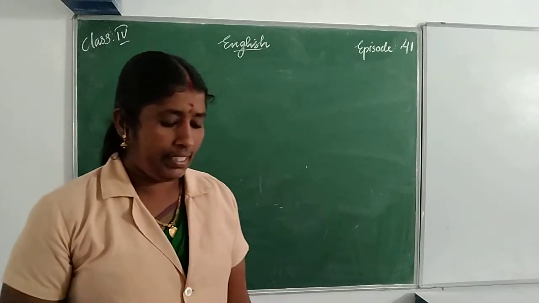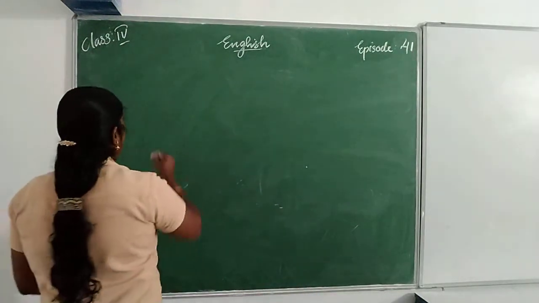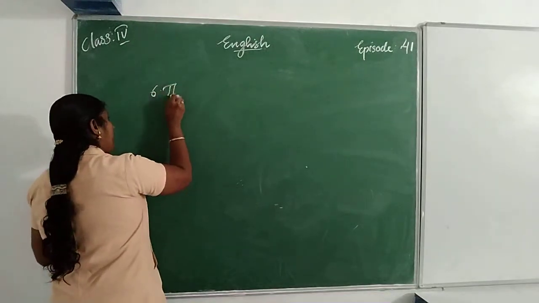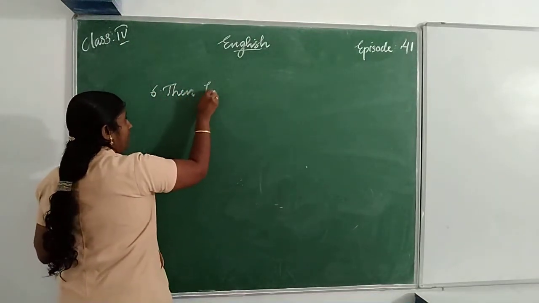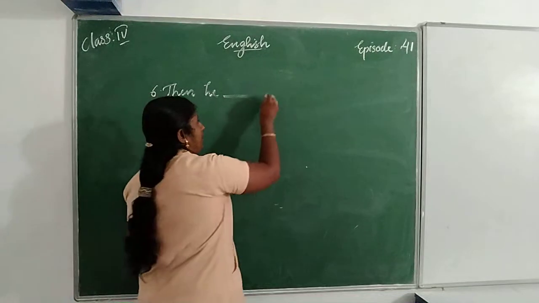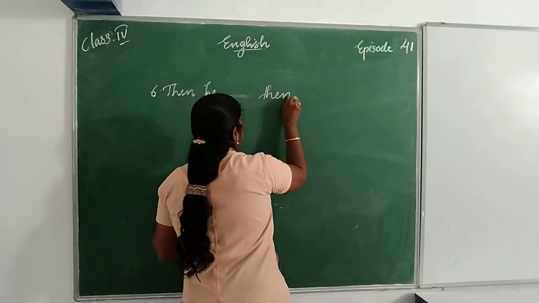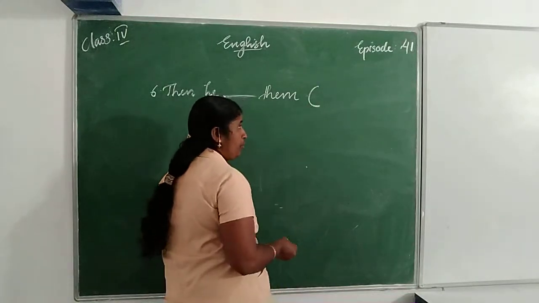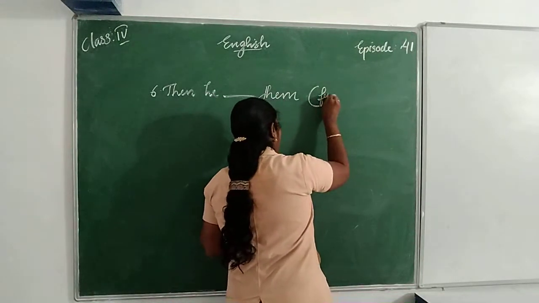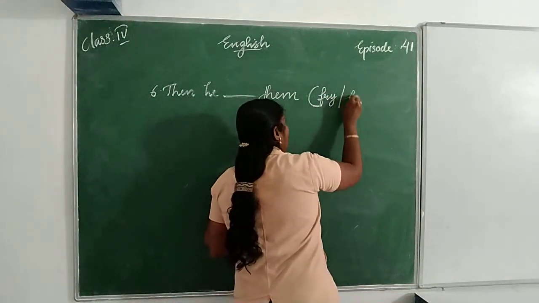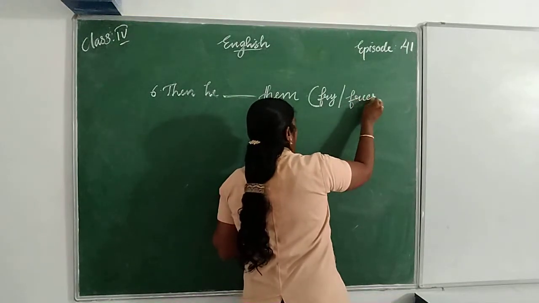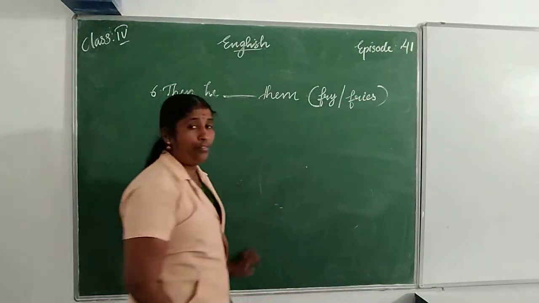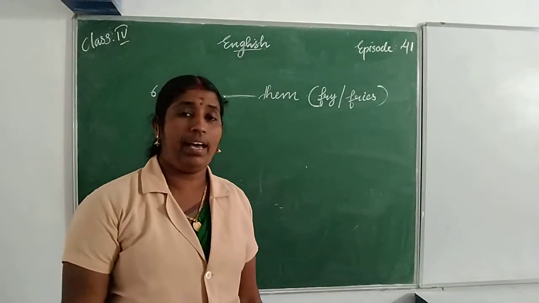Sixth one. Then he ___ them. In the bracket, there are two verbs, fry and fries.